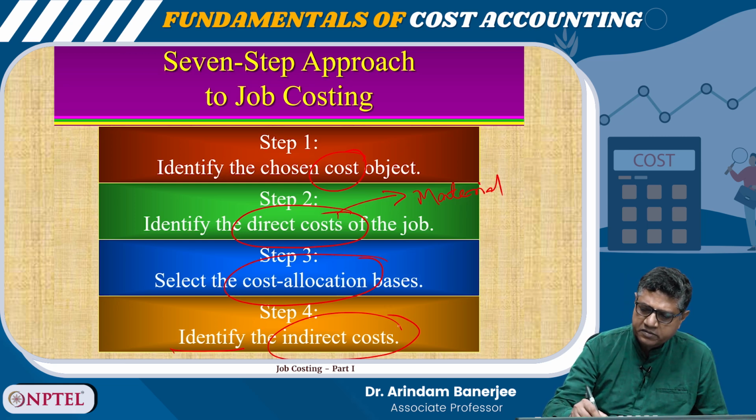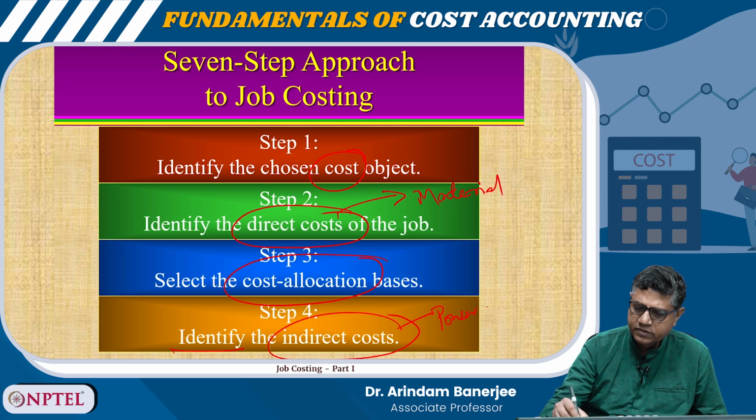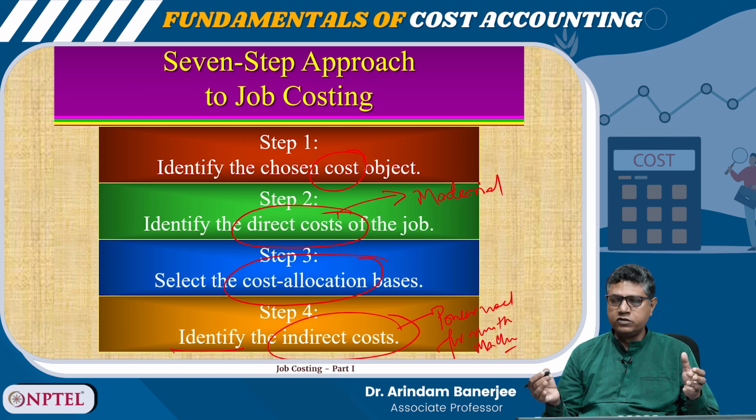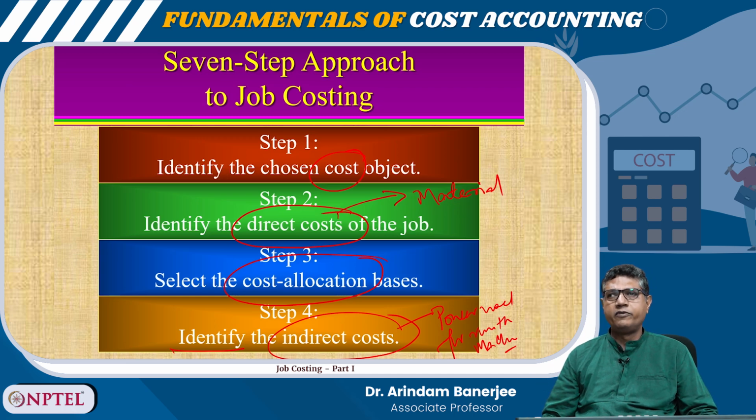Say the power used for running machinery, where the machine is used for several other jobs also, not one particular job. Many other jobs are also performed through the machine, and electricity is used for running the machine.